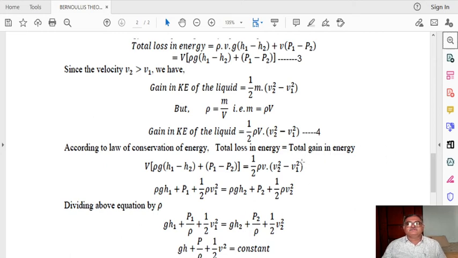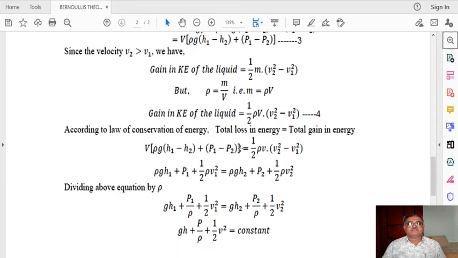Writing this in equation form, V rho g (h1 minus h2) plus p, which is equation number 3, we compare with equation number 4, half rho v (v2 squared minus v1 squared).